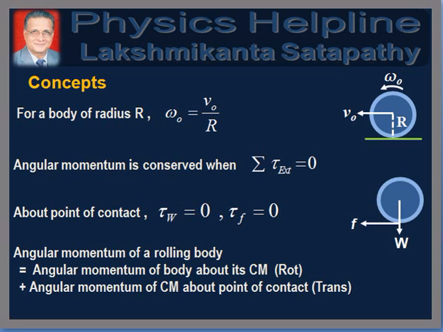Hence, angular momentum of the body about the point of contact is conserved. Now, angular momentum of a rolling body is equal to angular momentum of the body about its center of mass due to rotation plus angular momentum of the center of mass about the point of contact due to translation.